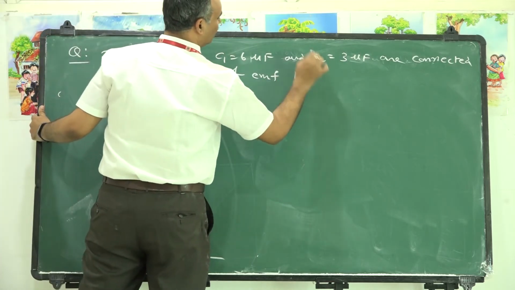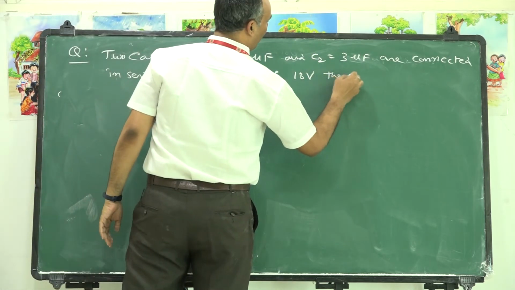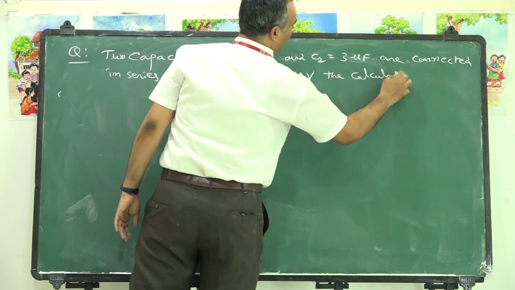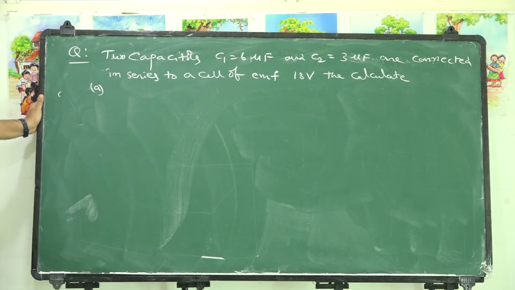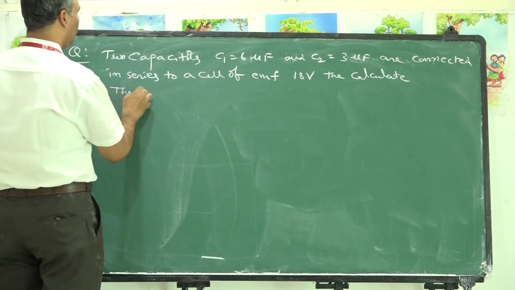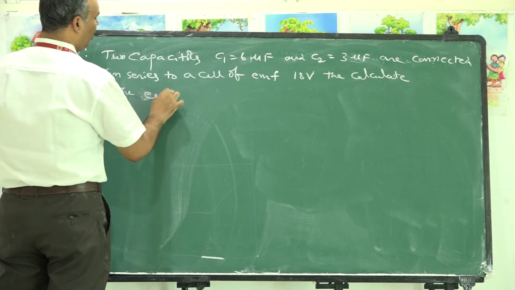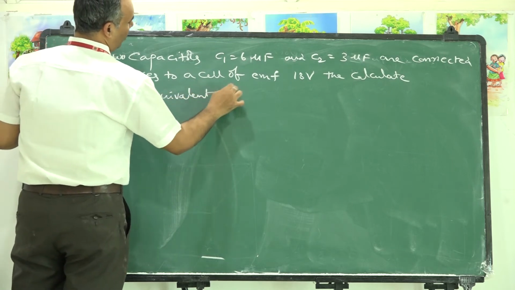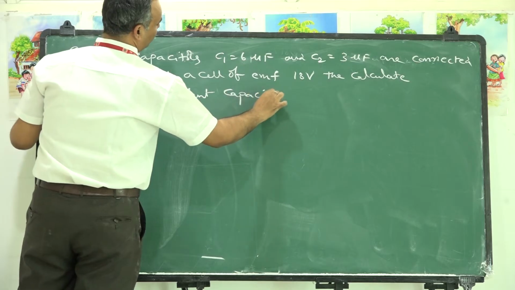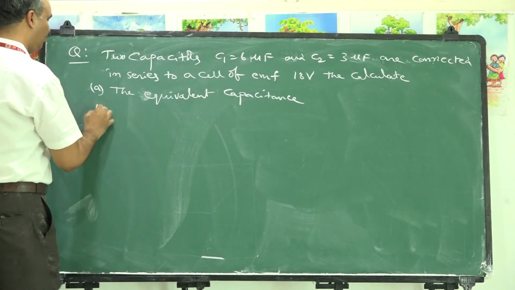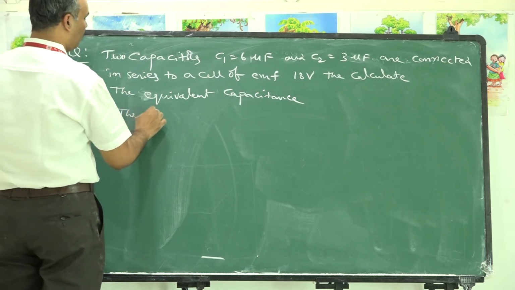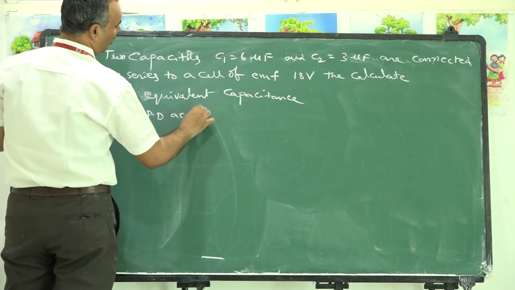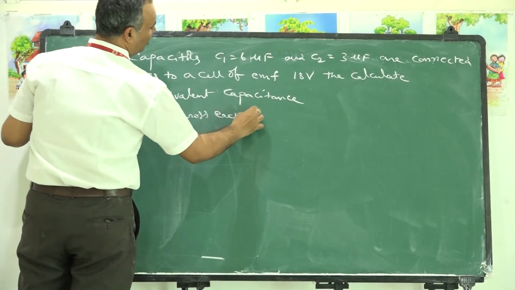18 volts. Then calculate. The first question A, based on this, the equivalent capacitance. The second one, what we need to calculate is the potential difference across each capacitor.